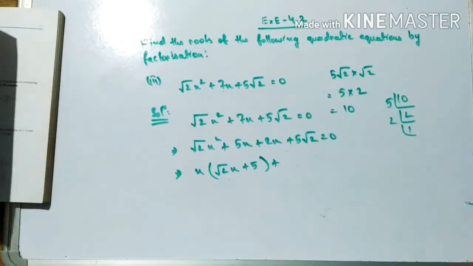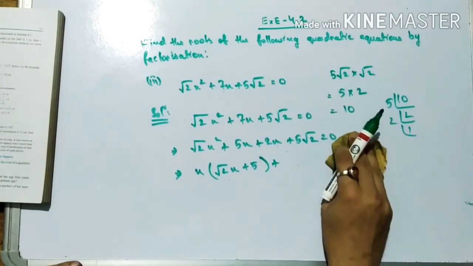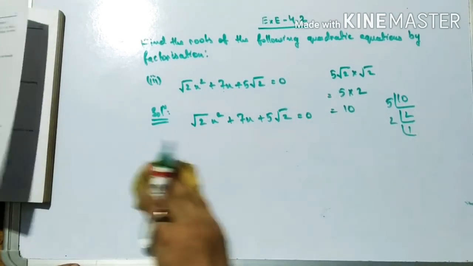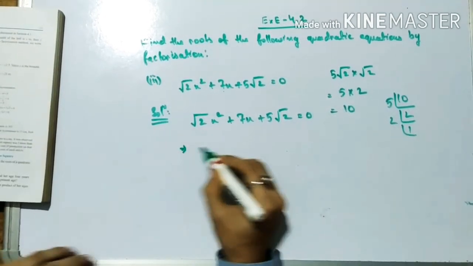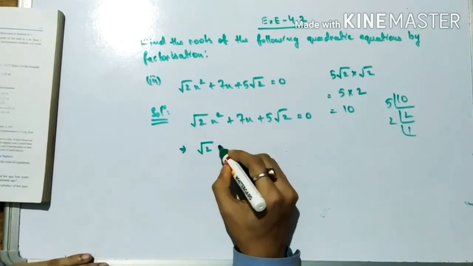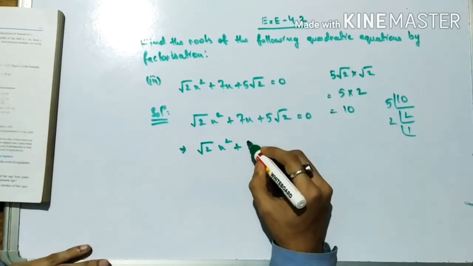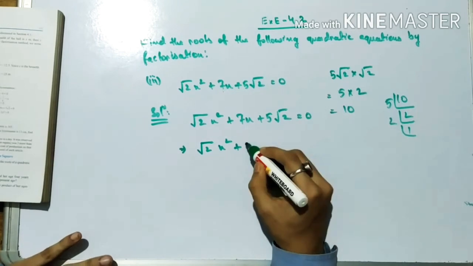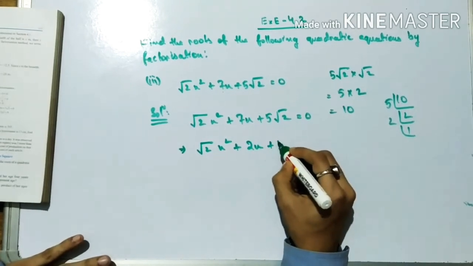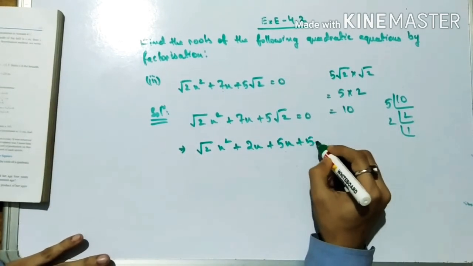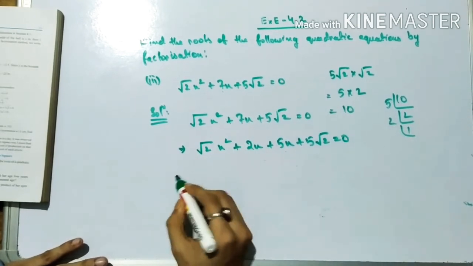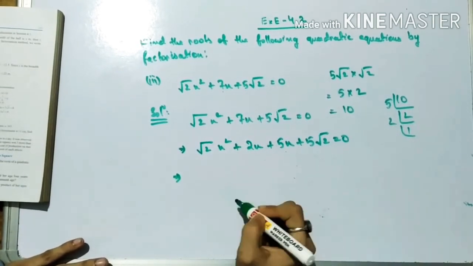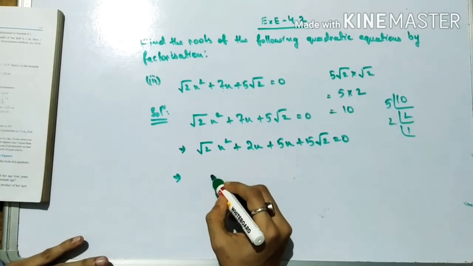Let me do one thing. Instead of writing in this way, I can write root 2 x square plus, instead of 5x plus 2x, 2x plus 5x, plus 5 root 2 is equal to 0.